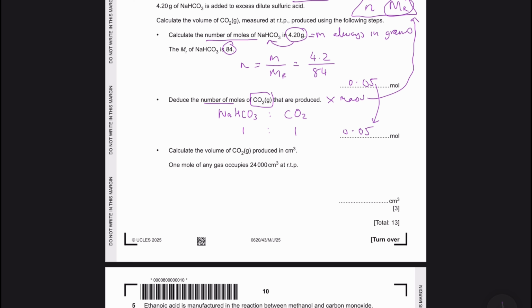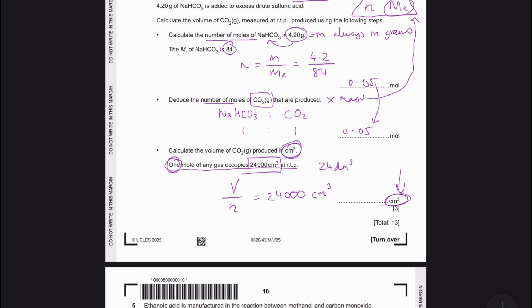The next question, we are going to need another equation, but you don't necessarily, because they always tell you 1 mole of any gas occupies 24,000 centimeters cubed or 24 decimeters cubed. They want the final answer in centimeters cubed, so we're going to use their value in centimeters cubed. So that means the volume per mole is 24,000 centimeters cubed. We've just formed an equation, the volume per mole, because they're not just saying this is the volume of gas for 1 mole, it's like for 2 moles would be double that, or for half it would be half of this.